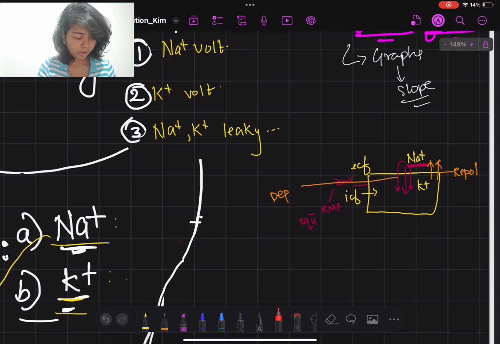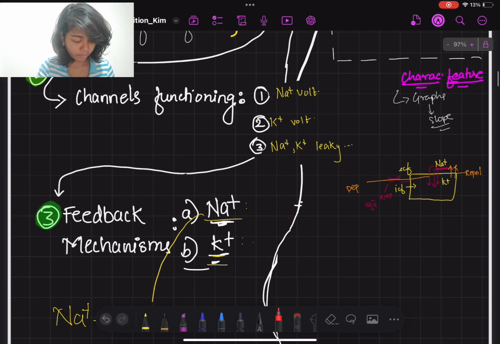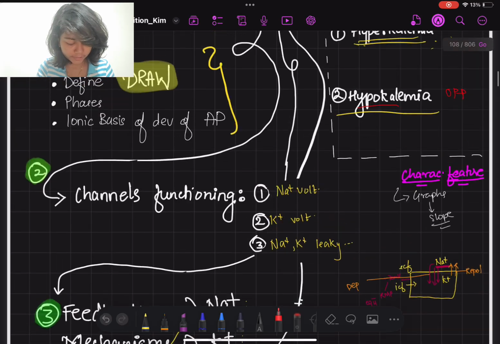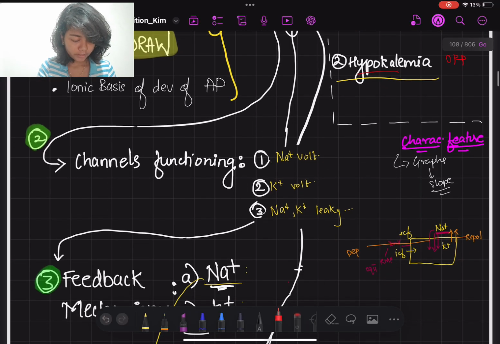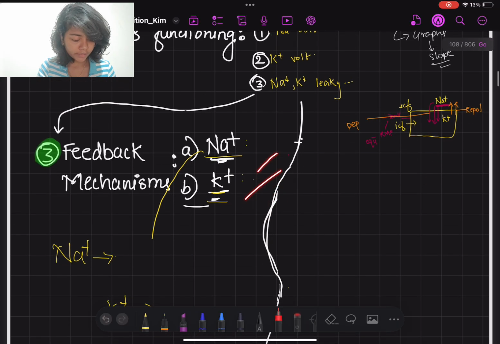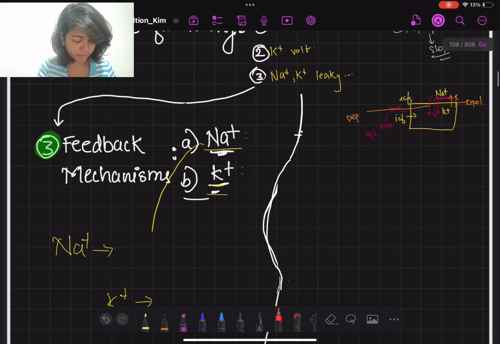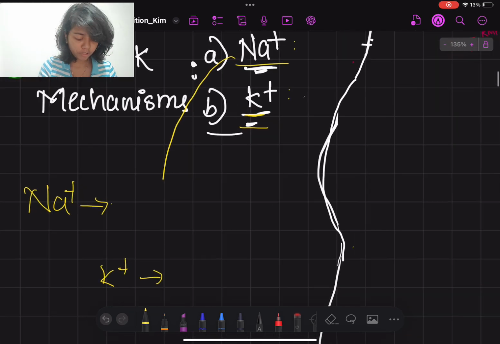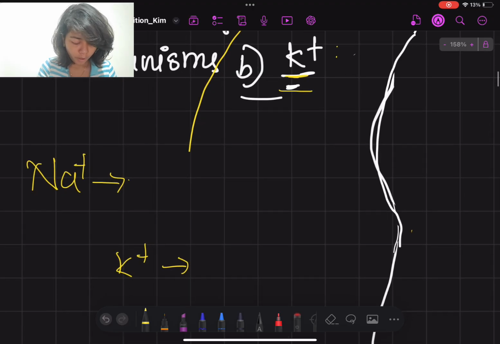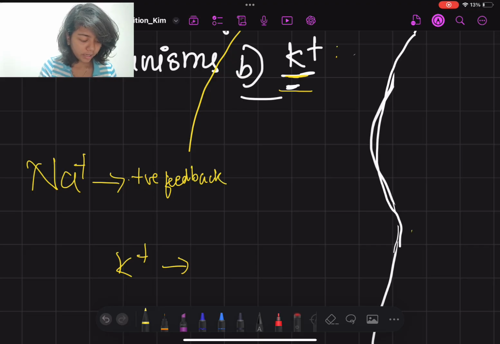Okay. Now you have understood what the threshold potential is and which channels are active. Another thing I want you to remember is sodium. Just remember it for now. Sodium will show positive feedback, and then it will show inactivation of gates.